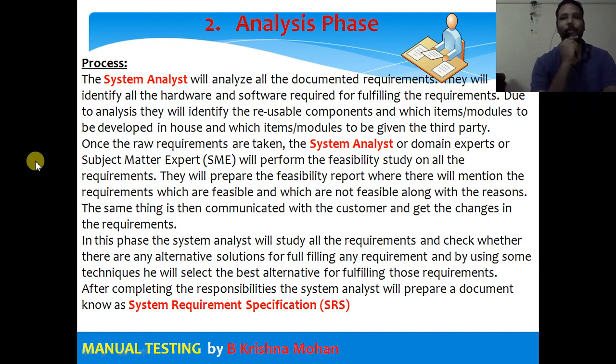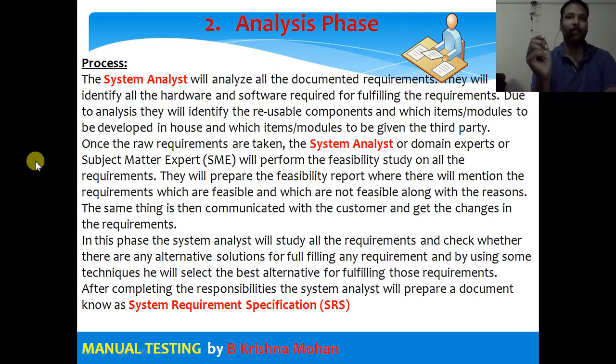So even though they will do the feasibility study, they will check for the different alternatives first. If it is not possible the way the customer is saying, they will check for different alternatives, some other way where this requirement can be satisfied.